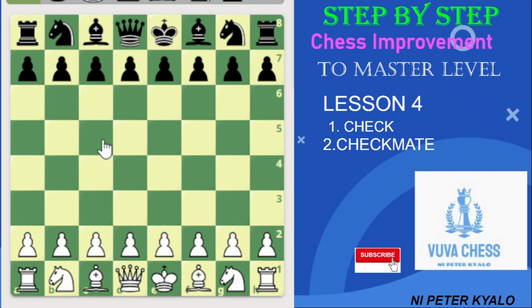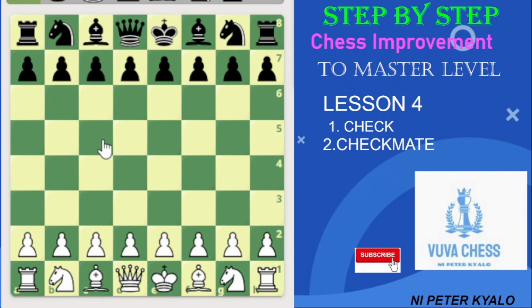By definition, check is a way of threatening to capture our king. And as we know, the main aim of the game is to protect the king at all cost. When the king is captured or there is no way you can prevent it, that's what we call a checkmate.